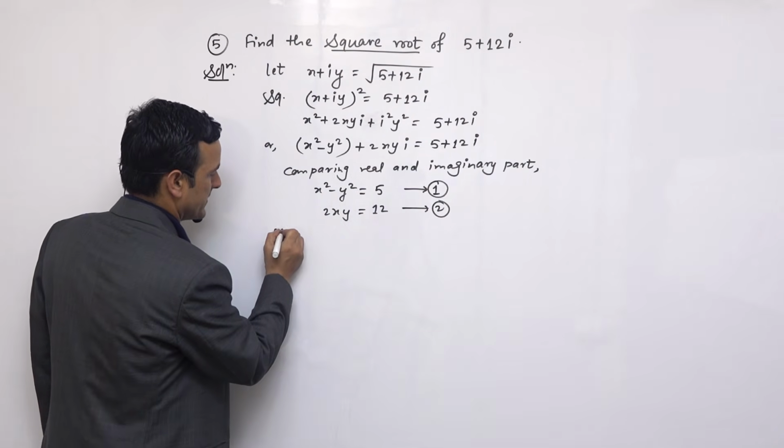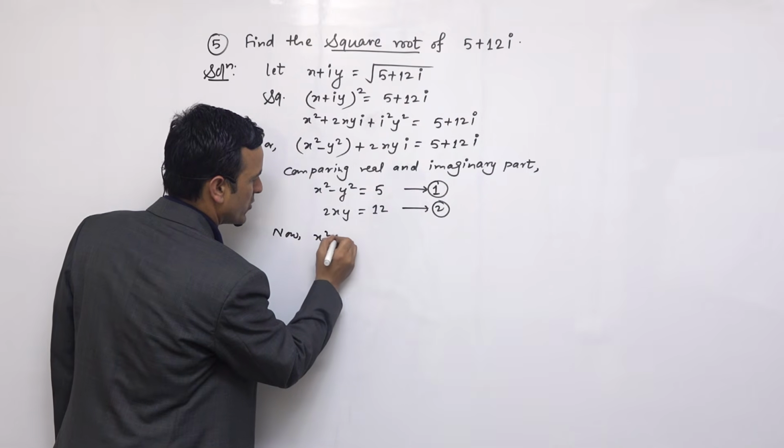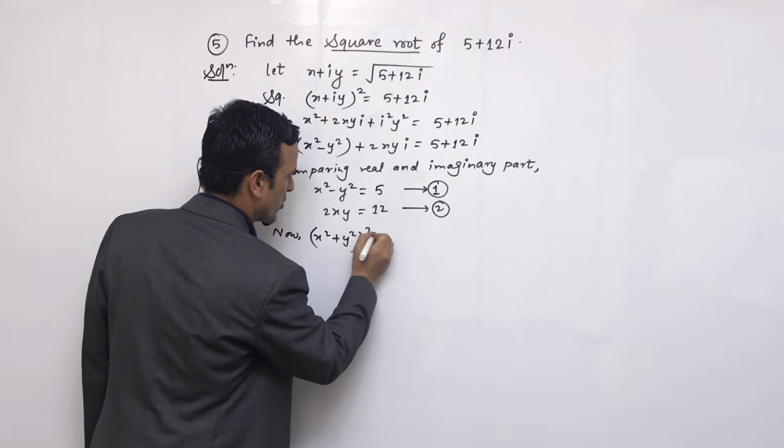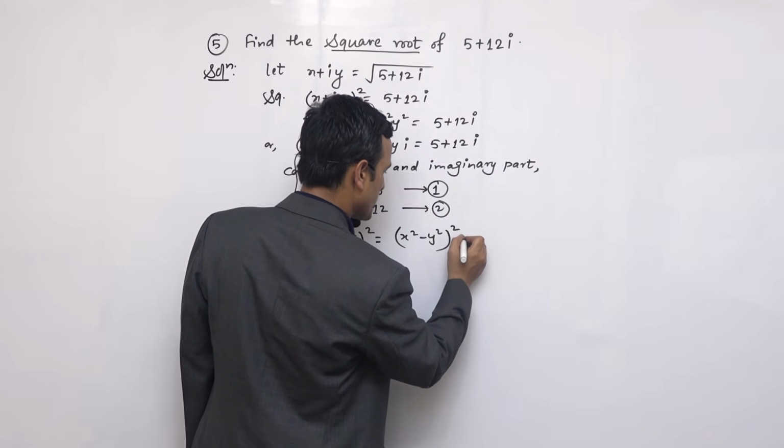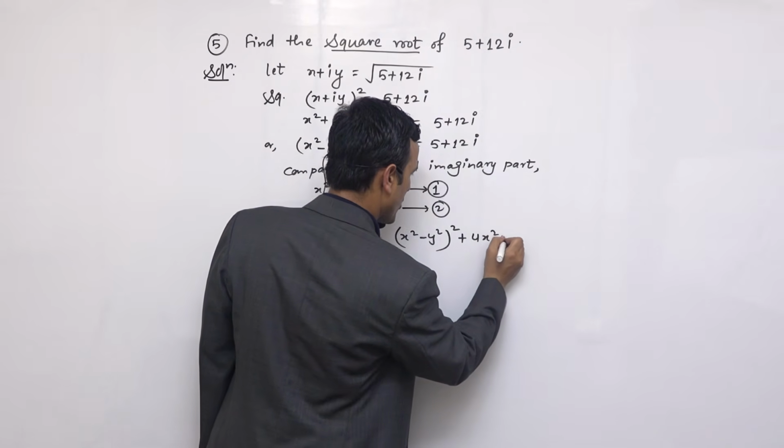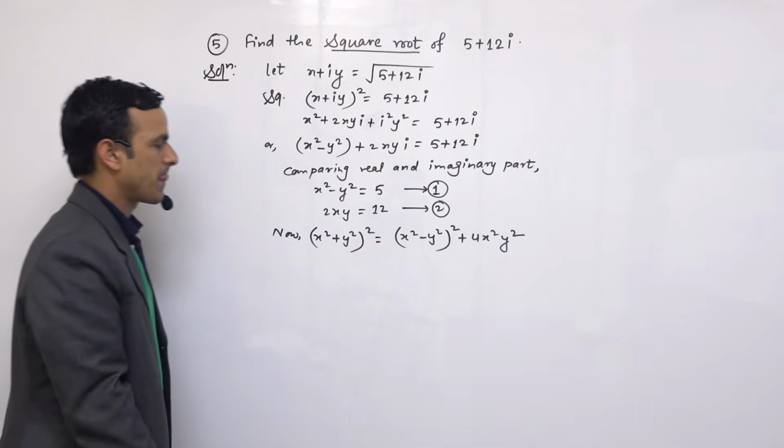Now we can calculate the value of (x square plus y square) whole square, which is equal to (x square minus y square) whole square plus 4x square y square.